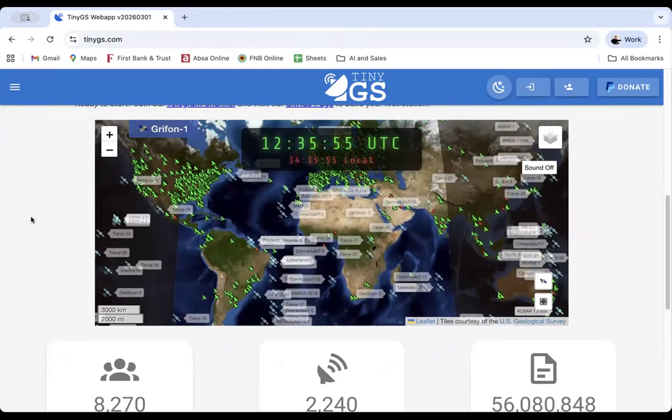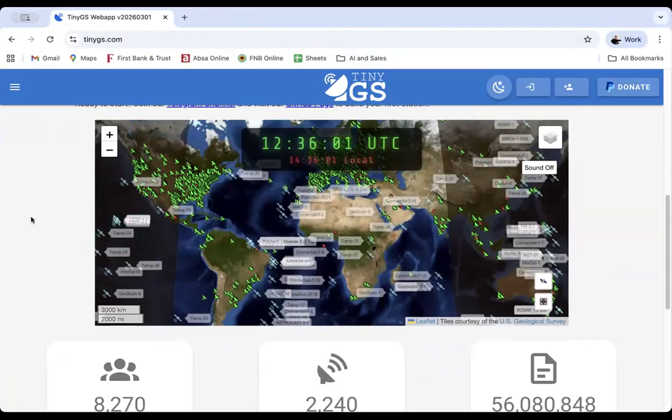These satellites that run on the tinygs ground station network are not necessarily those satellites that are able to scan our continent every 15 minutes.